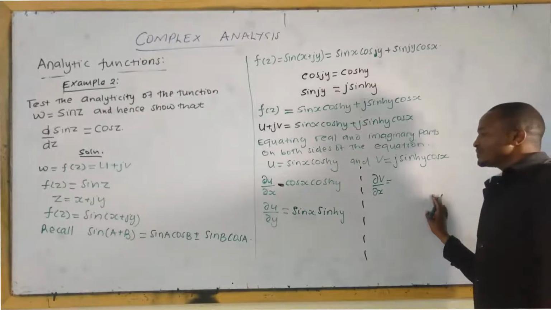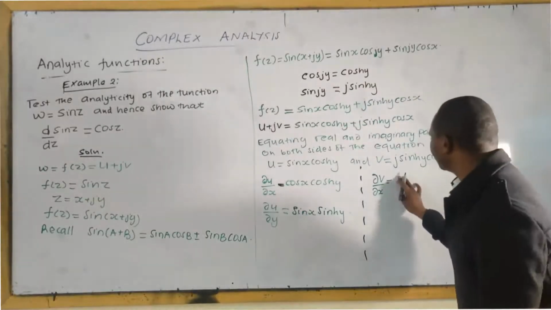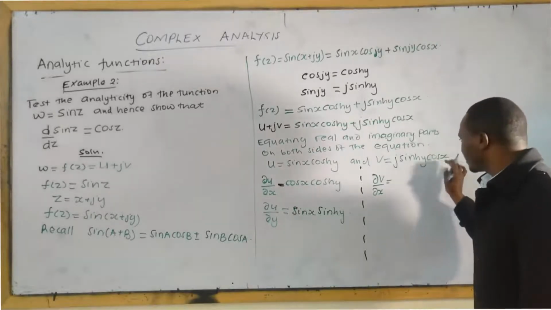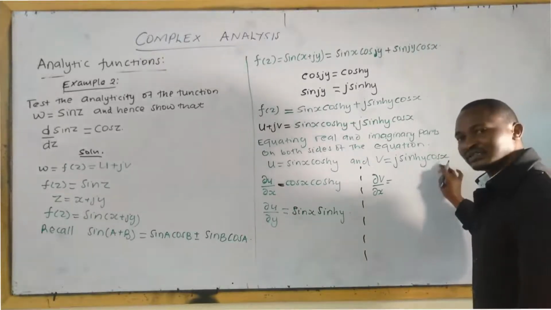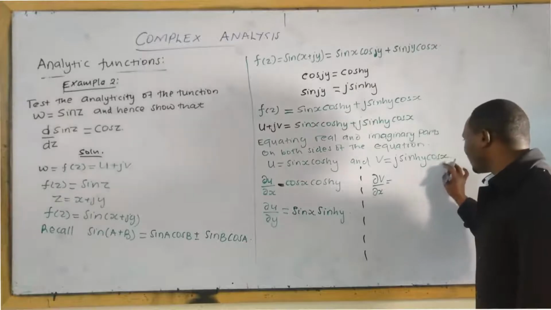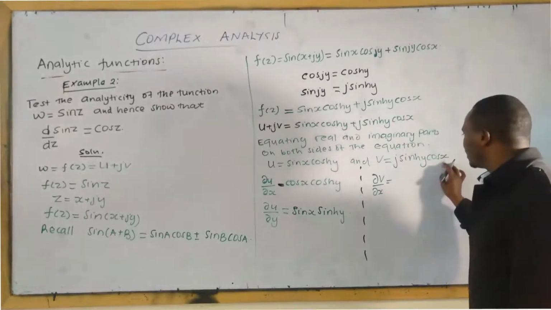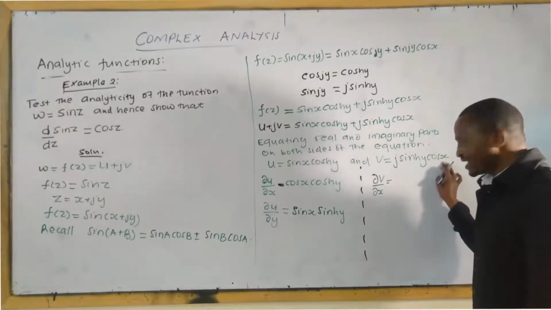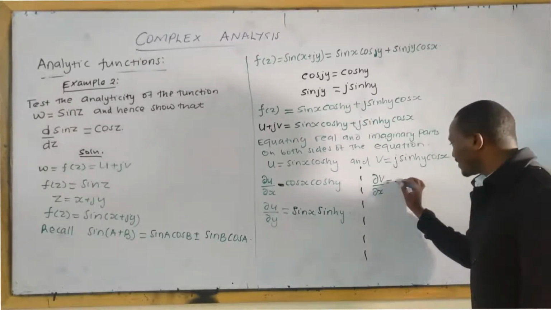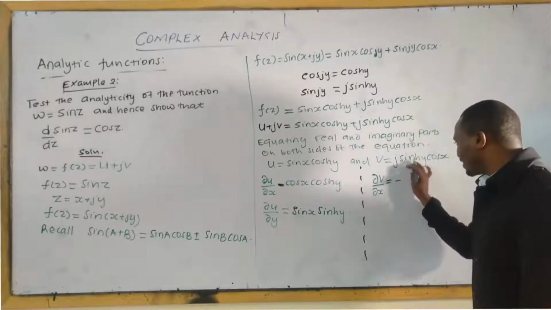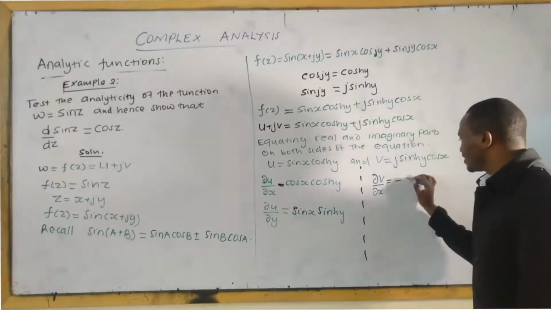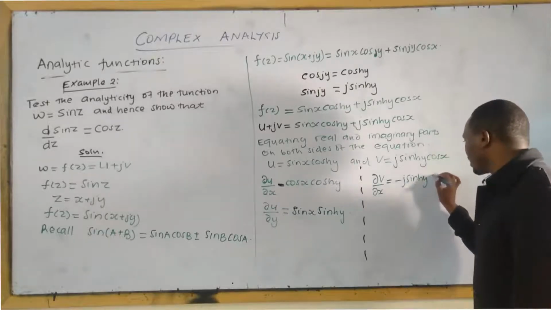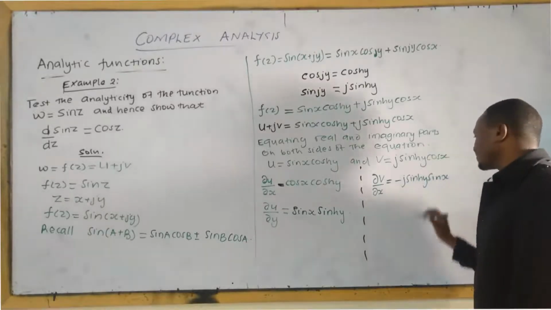The variable of differentiation is x, so this is where we concentrate our differentiation, where we have variable x. When you differentiate the cosine function, you will get a negative sign. So it is negative, so we have negative j sinh y sin x.